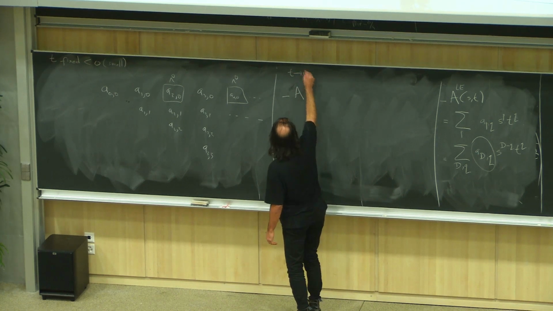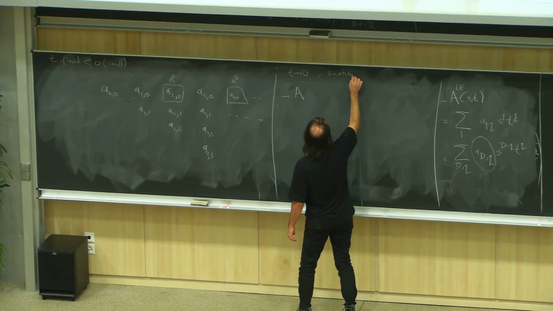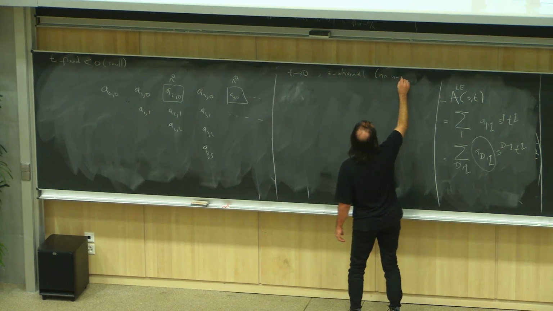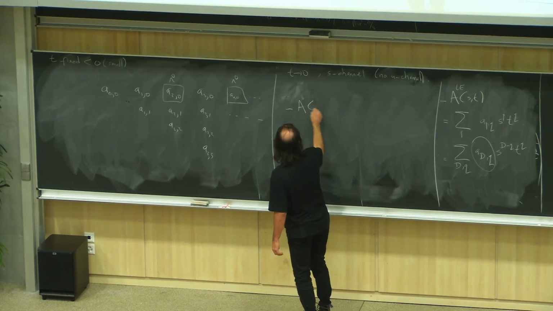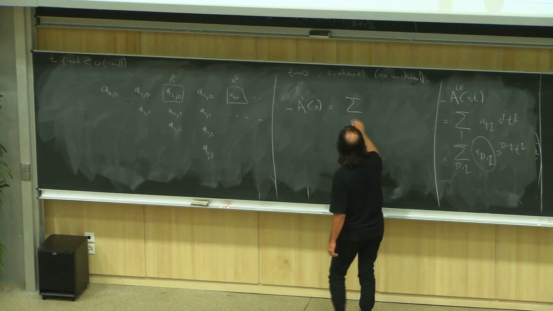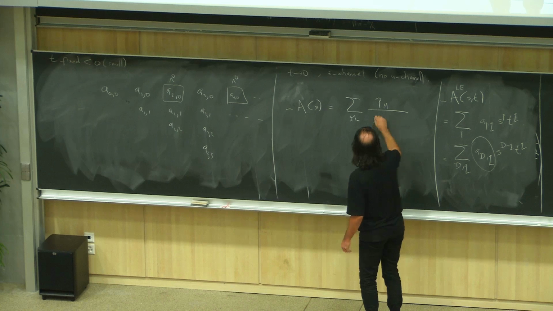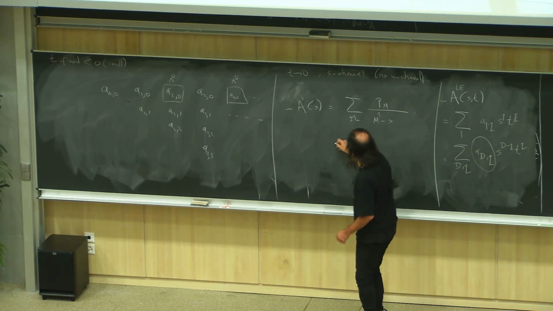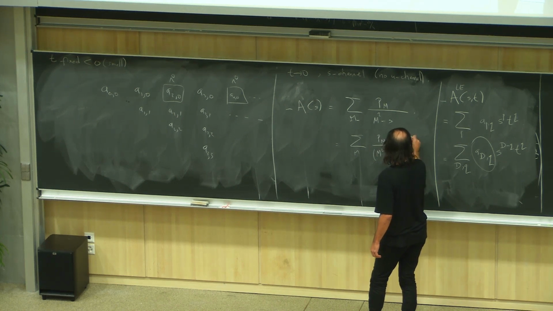Let's go back to t equals 0, that thing that we did before, and let me just keep the S channel, just to slightly simplify the equations I write, just so you get the point. So I have something that looks like negative A of S is the sum of Pm over m squared minus S. And so this is the sum of Pm over m squared to the q plus 1, S to the q.